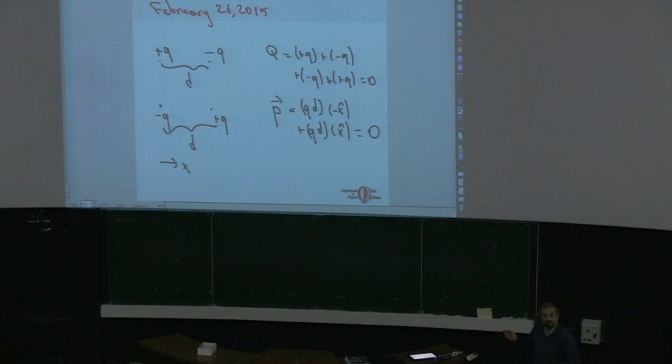But nevertheless, this system still creates an electric field. If you are, let's say, somewhere around this point, you will feel a net electric field. Just to give the name, the electric field will be proportional to what we call the quadrupole moment.